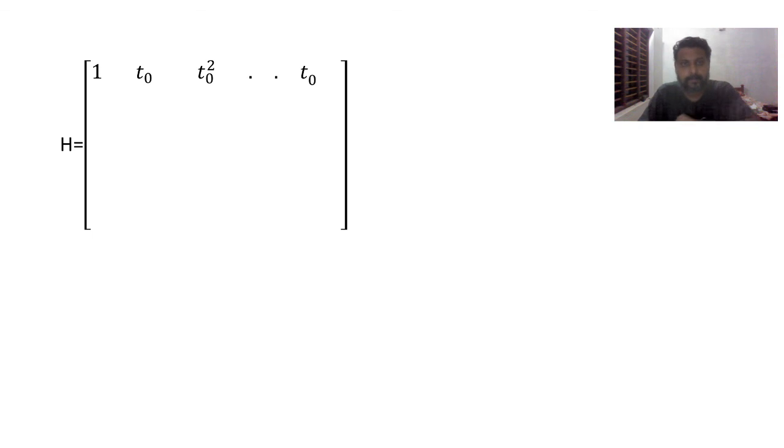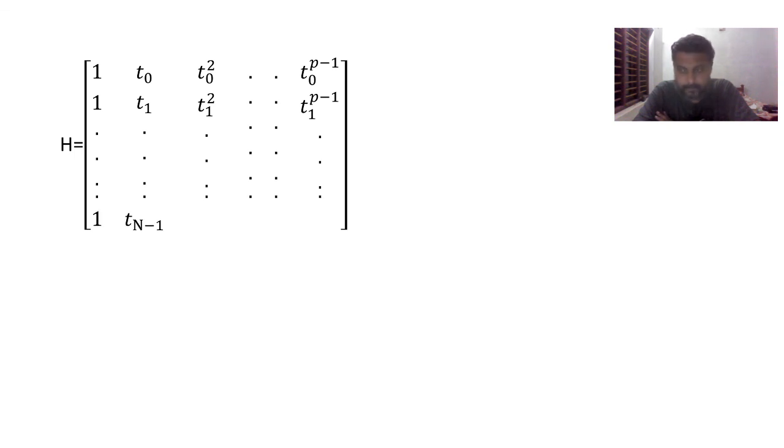And h can be represented as the matrix with rows 1 t0 t0 square up to t0 raised to p minus 1, then 1 t1 t1 square up to t1 raised to p minus 1, and the last row 1 tn minus 1 tn minus 1 square up to tn minus 1 raised to p minus 1.